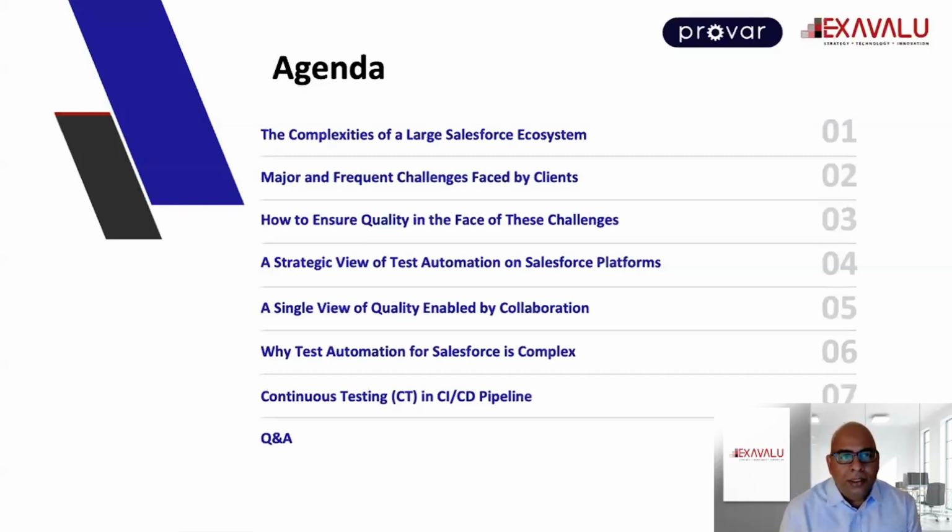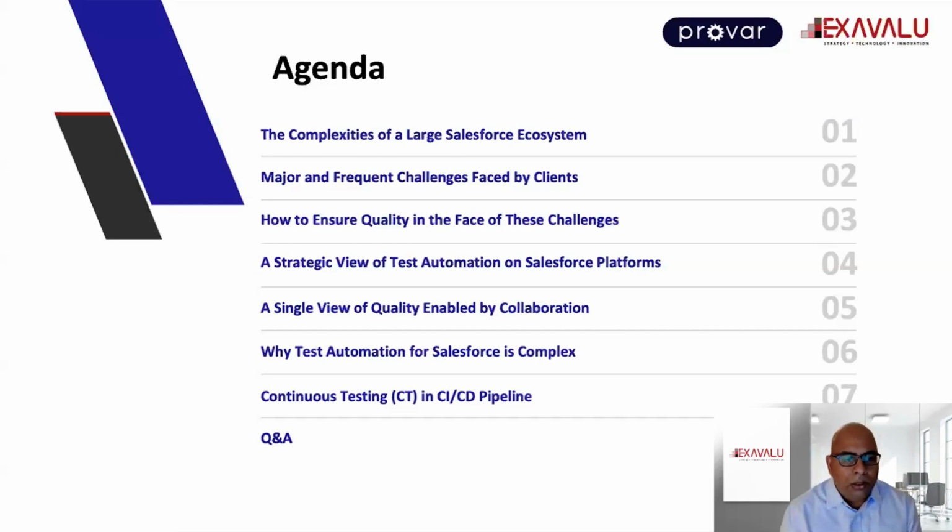What are the typical challenges that we have seen our customers face, and then how does one ensure quality by addressing these challenges? Then we take you through a somewhat structured 6-step process to build out a test automation strategy and platform, and then talk about how a single view, meaning a holistic view of quality, is enabled.